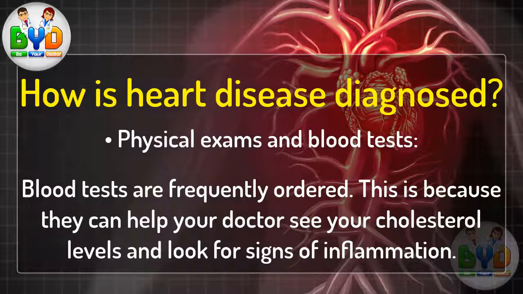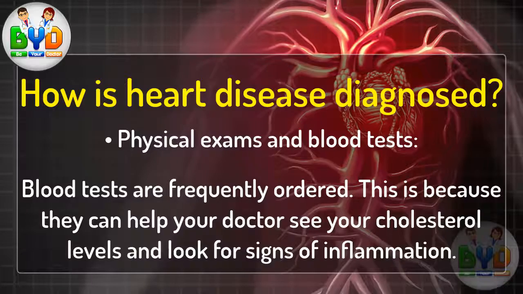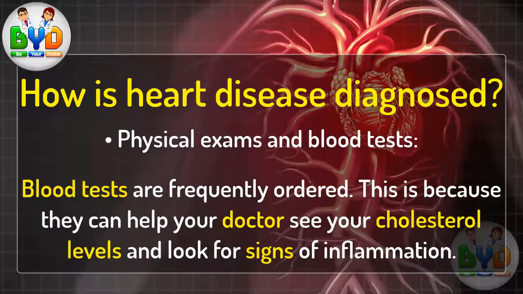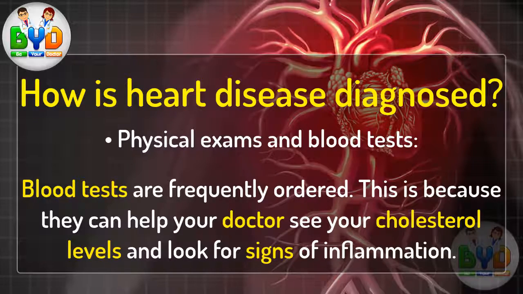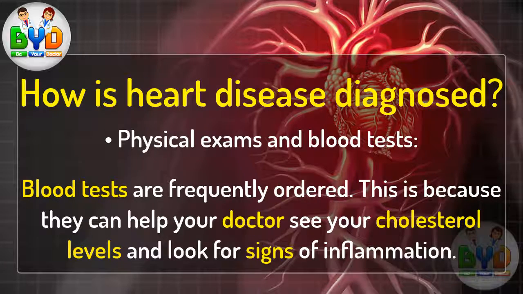If you have a close family member with heart disease, share this information with your doctor. Blood tests are frequently ordered. This is because they can help your doctor see your cholesterol levels and look for signs of inflammation.